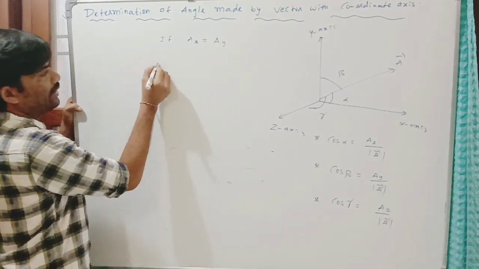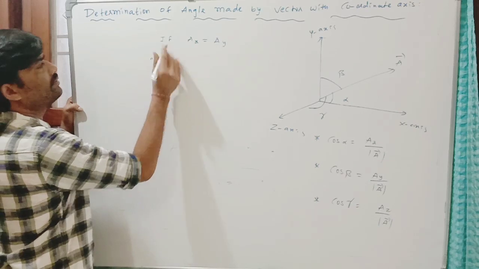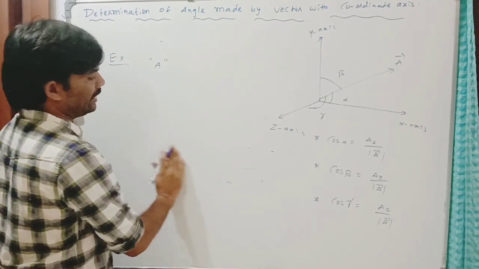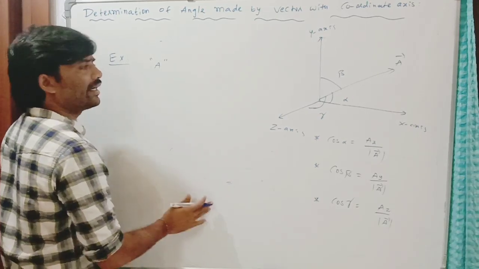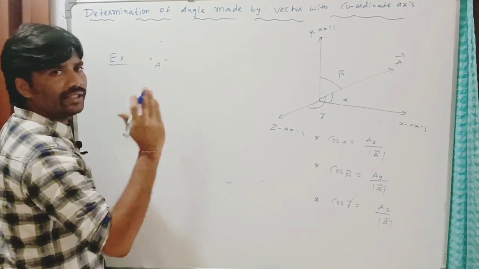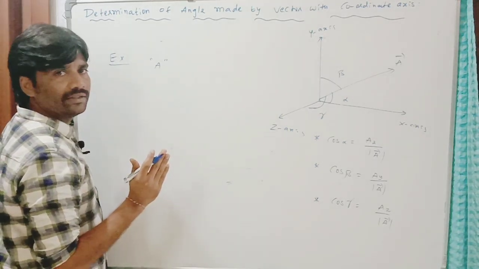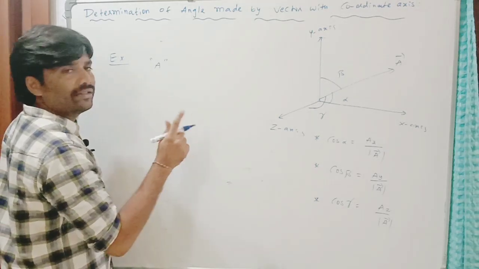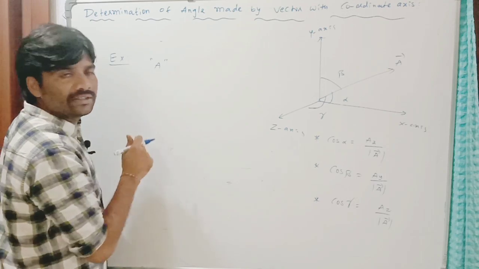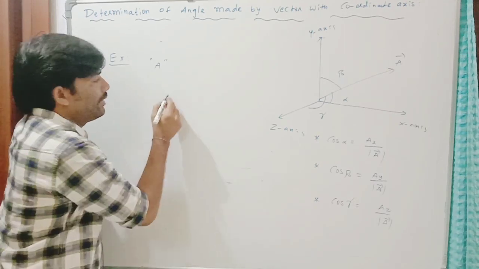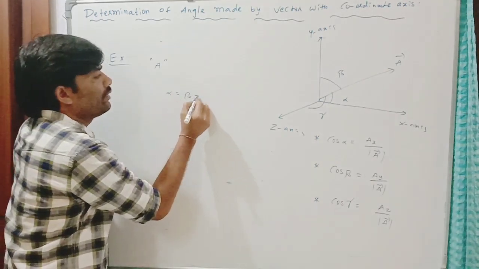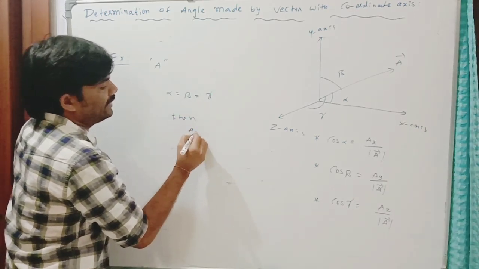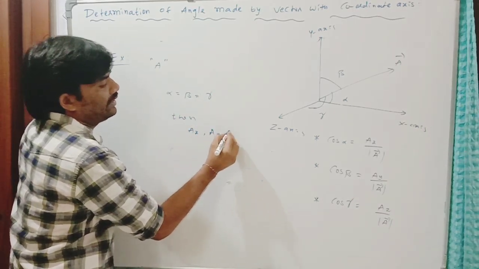Now, if you have a question like this, example problem: a vector of magnitude a is making same angle with x, y and z axis respectively. Then components of this vector, if alpha equal to beta equal to gamma, then its components are ax, ay and az.